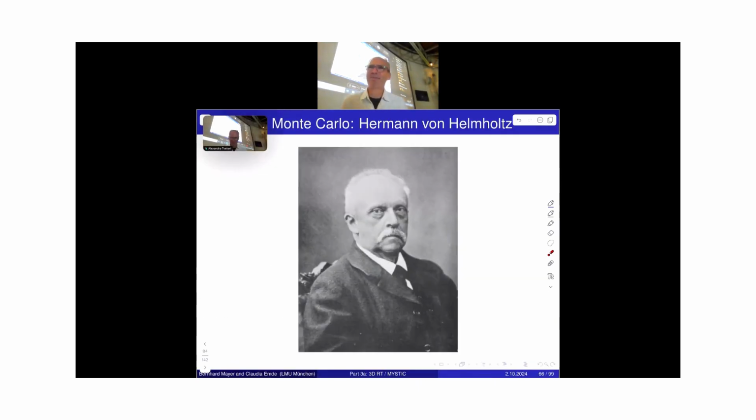I just wanted to introduce this guy, Hermann von Helmholtz, a German physicist of the 19th century, and he was very important for Monte Carlo modeling. You probably wouldn't think so, because Monte Carlo modeling needs a fast computer, and the computer was yet to be invented 100 years later.